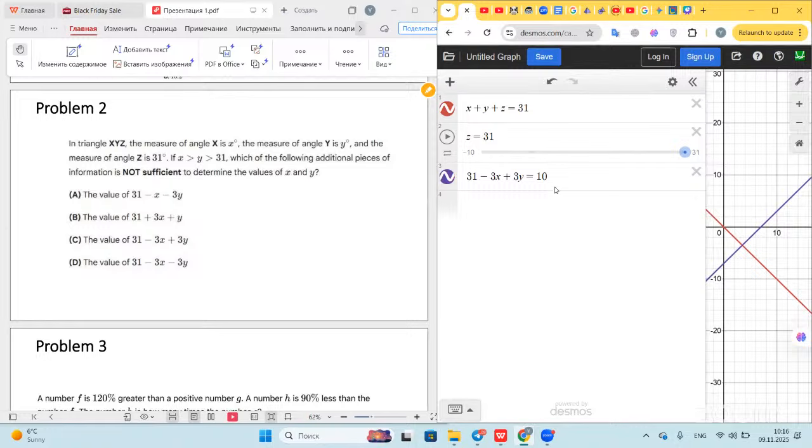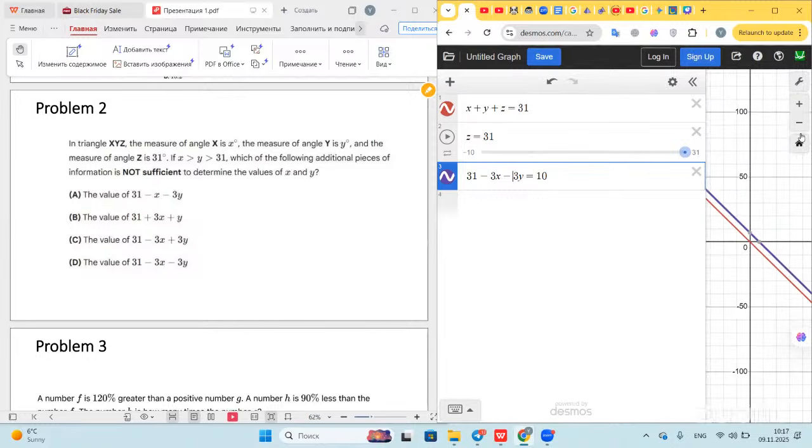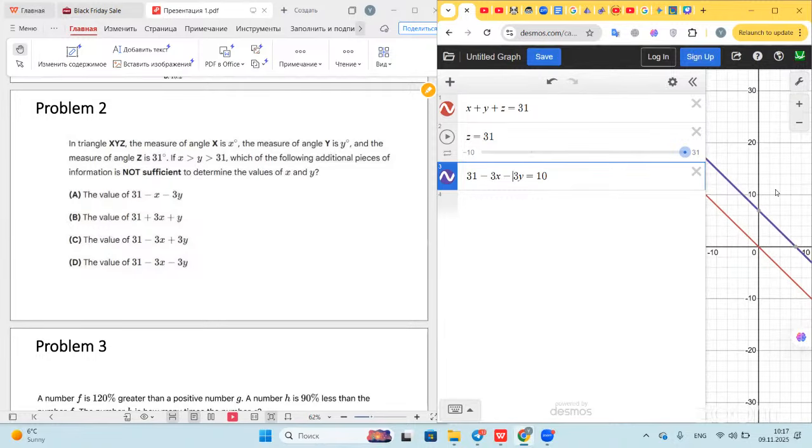And the last option is here. This one also minus. It means they are parallel, guys. If they are parallel, you can never define the exact values of x and y. That's why the correct answer is D.